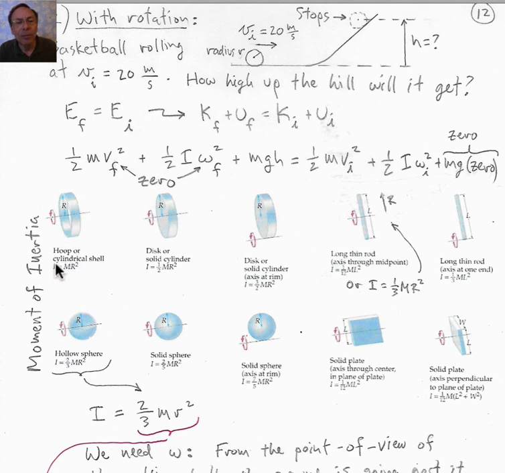Well, its moment of inertia will be its mass, which they call capital M, times its radius, which for whatever reason they call capital R. Notice that it's a little different if you have a solid disk, right? This is a hollow hoop. This is a solid disk, and it's still MR squared, but there is a 1/2 in front of it.